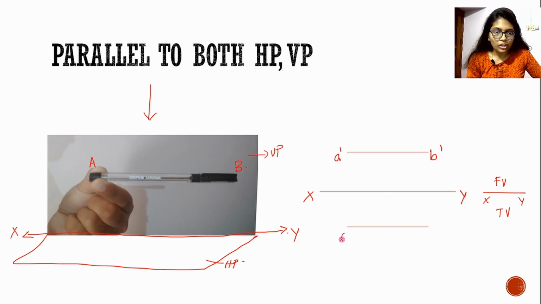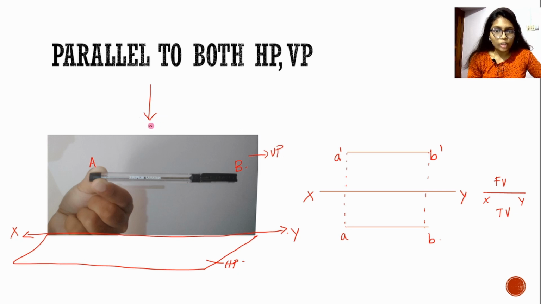So here comes your A and B, top view. And you can see that A dash is straight upward to A, and B dash is straight upward to B. Okay, no need to join it. Okay, and as I just said, this vertical plane becomes your wall, isn't it?